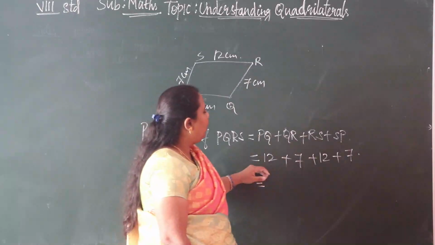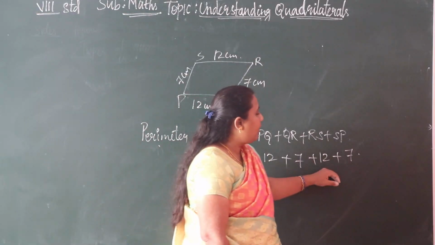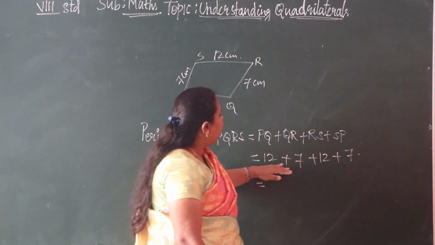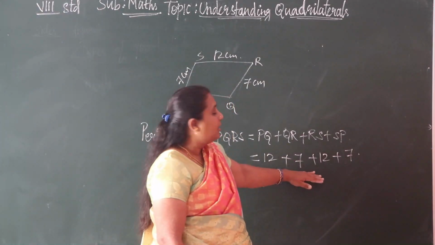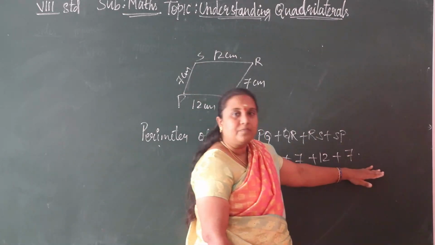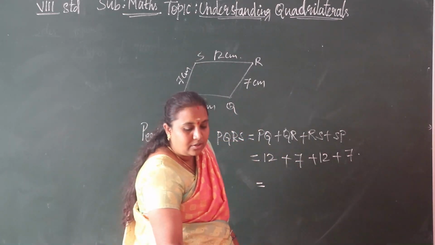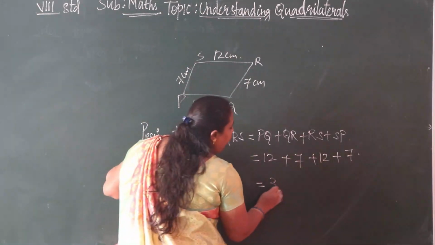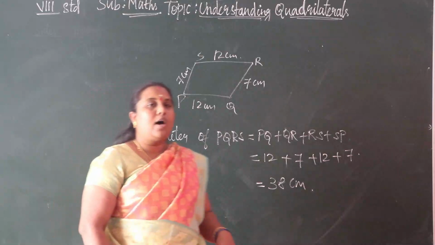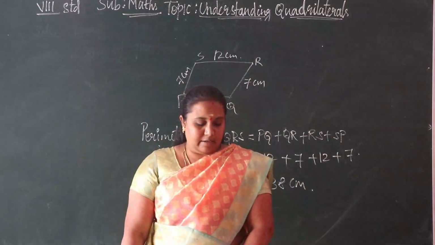So now we have 12 plus 7 plus 12 plus 7. 12 plus 7 is 19, 19 plus 12 is 31, 31 plus 7 is 38. So the answer is 38 centimeter. The perimeter of the given parallelogram PQRS is 38 centimeter.